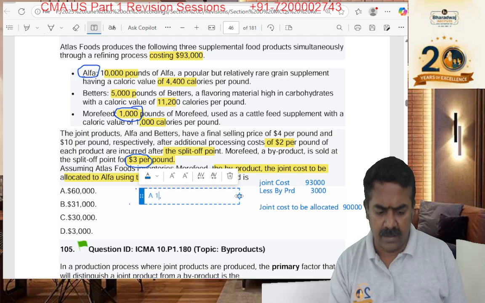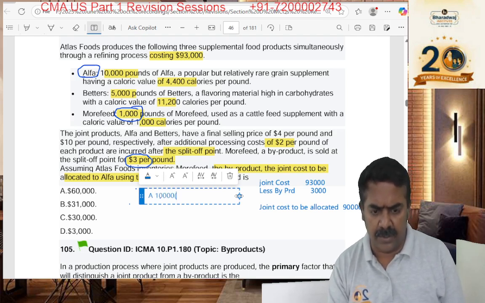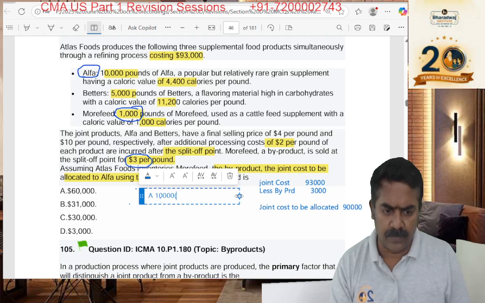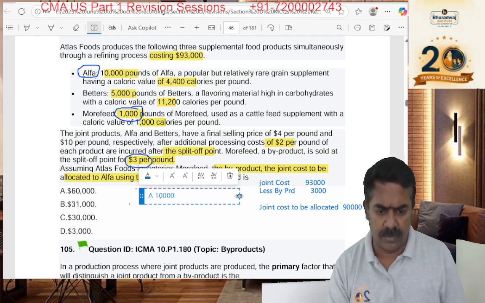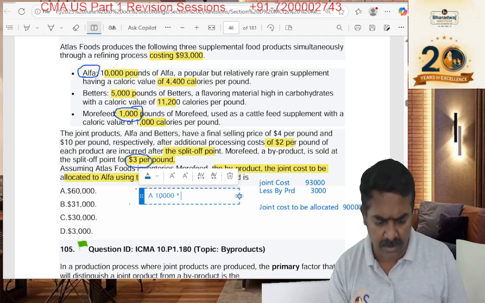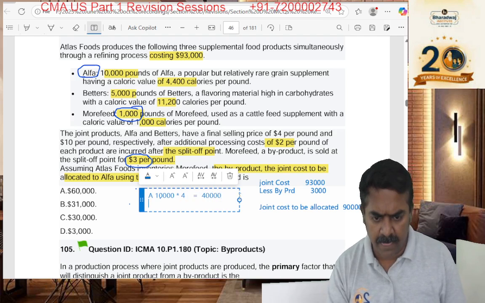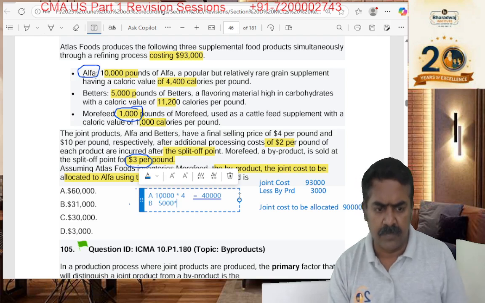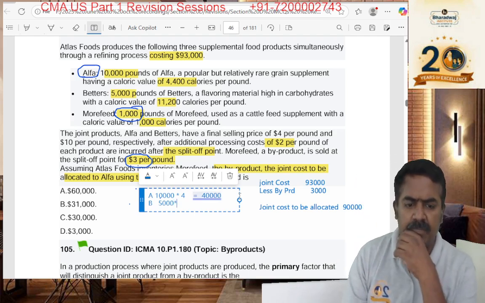A: 10,000 into 4, that is 40,000. B: 5,000 into 10 minus the additional cost.